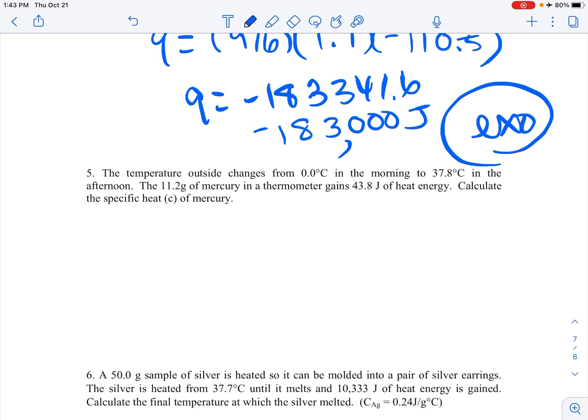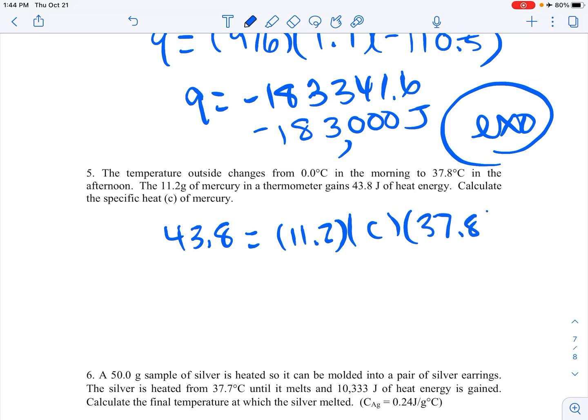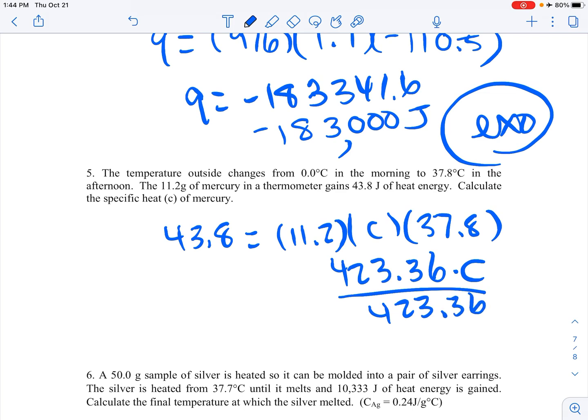Specific heat of mercury. So we know the joules, we know the mass, we don't know c. And T final is 37.8 minus 0, so 37.8. So 37.8 times 11.2 gives you 423.36 times c. Divide both sides by that.